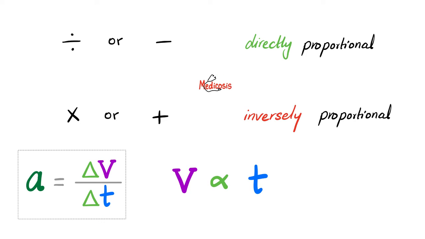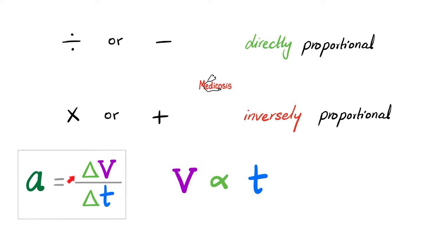In lecture 1 in this playlist, I told you that if you have two entities that are divisible by one another or subtractable from one another, the relationship between them is directly proportional. However, if you have two entities that are multiplied by one another or added to one another, the relation is inversely proportional.